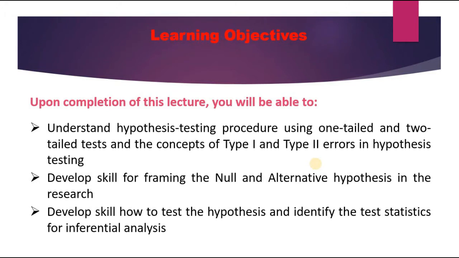And finally, we will develop the skill to test the hypothesis and identify the test statistics for inferential analysis. We will be doing practical problems in part two of this session. Today we'll cover the conceptual elements, and in the coming lecture, the problem solving and practical elements of how hypothesis testing is carried out.